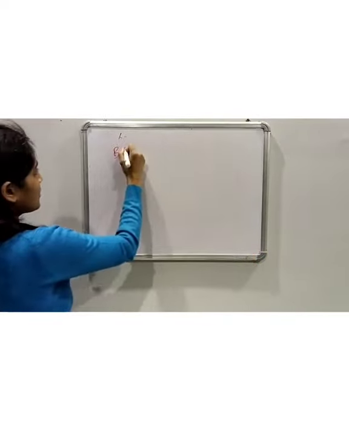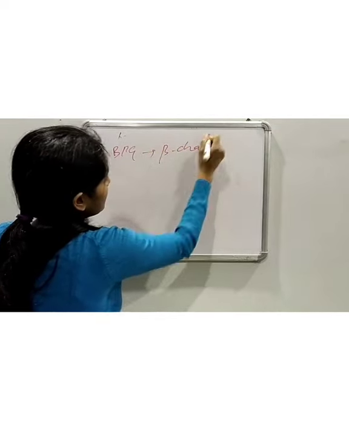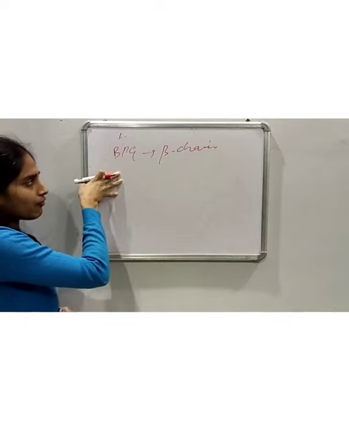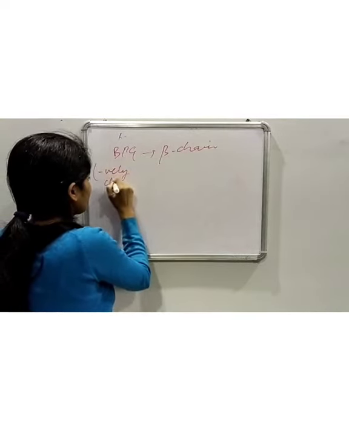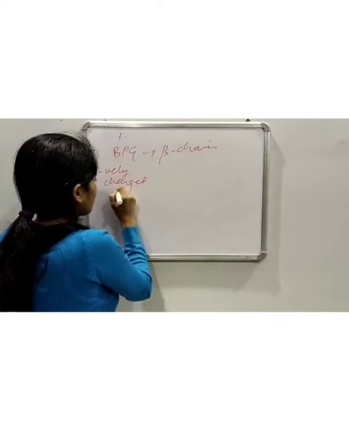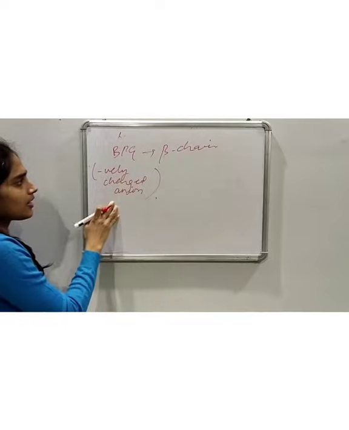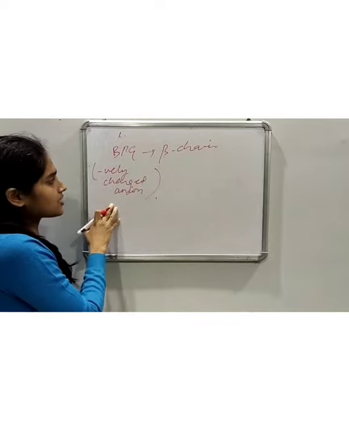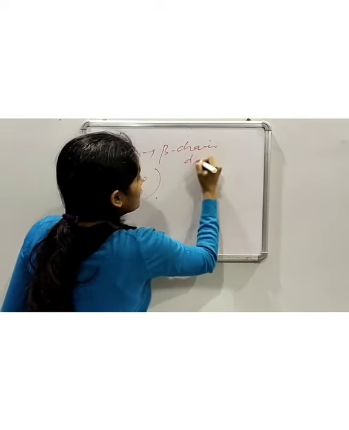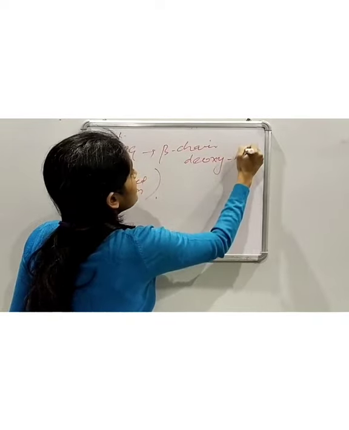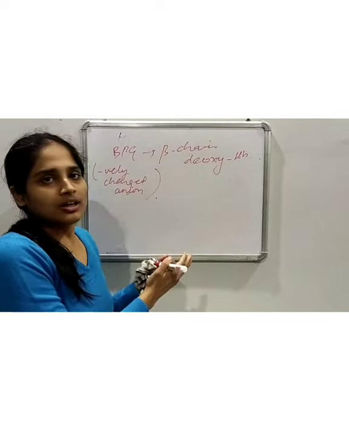So BPG has affinity for the beta chain, or you can say the beta chain has an affinity for BPG, which is a negatively charged anion. The beta chain of the deoxyhemoglobin has the affinity for BPG and it binds to BPG.